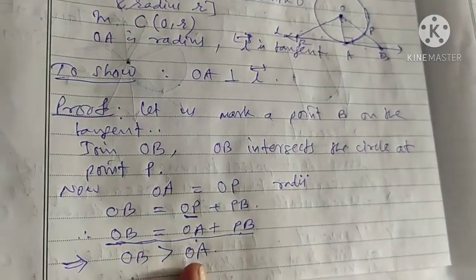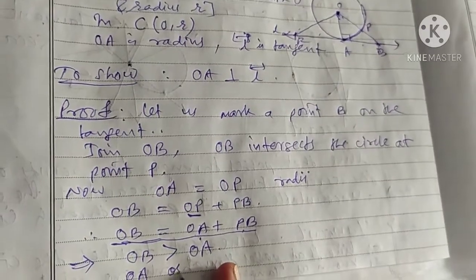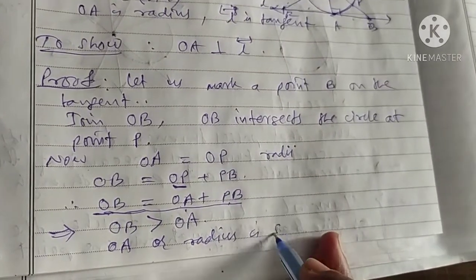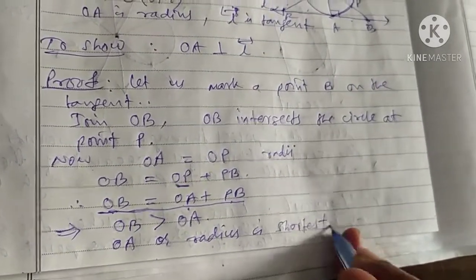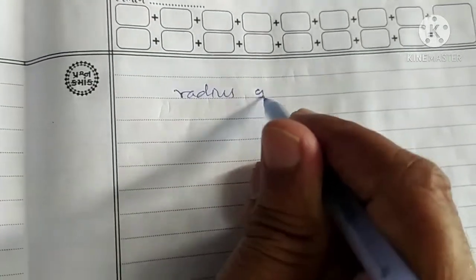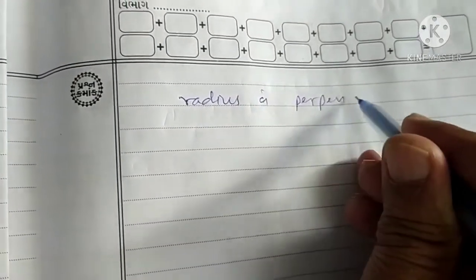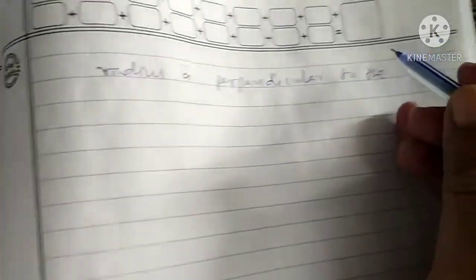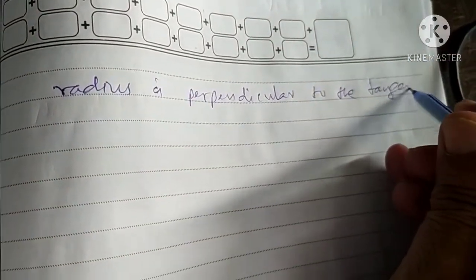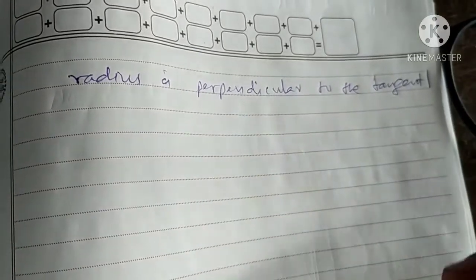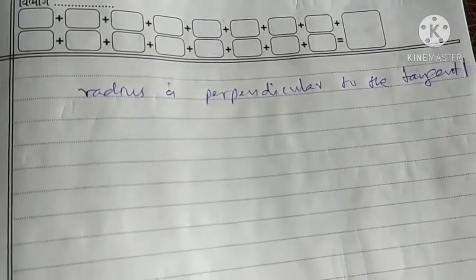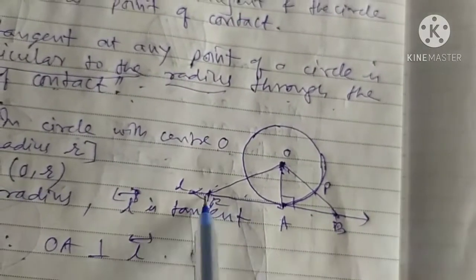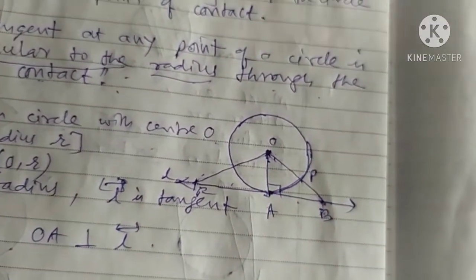This shows OA, the radius, is shortest. Yes or no? Got it? The radius is perpendicular to the tangent. And hence proved. Clear students? Please remember this. This theorem is in the syllabus. We must remember the tangent is perpendicular to the radius at the point of contact.